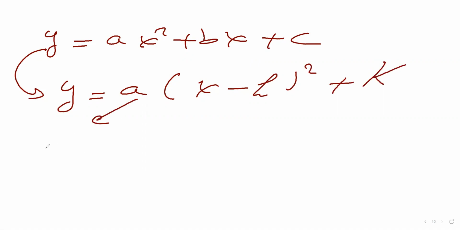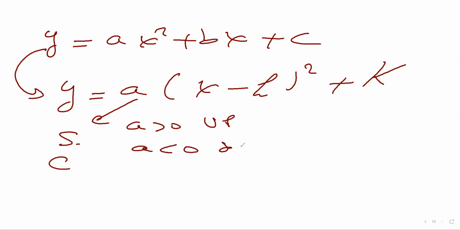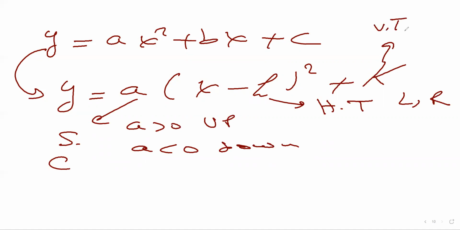Where a represents whether it is stretched or compressed. If a is positive, it means opening up. If a is negative, it means opening down. h represents the horizontal translation, left or right. k represents the vertical translation, up or down. Are you with me or sleeping?